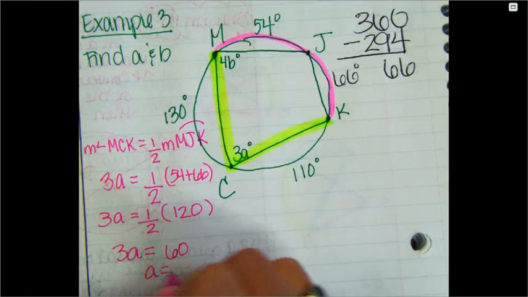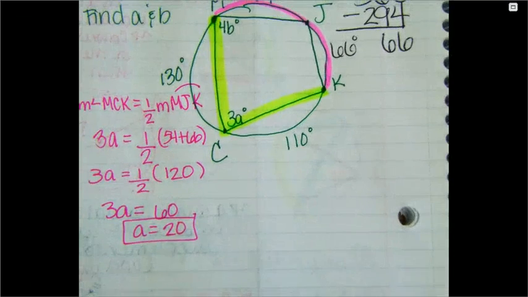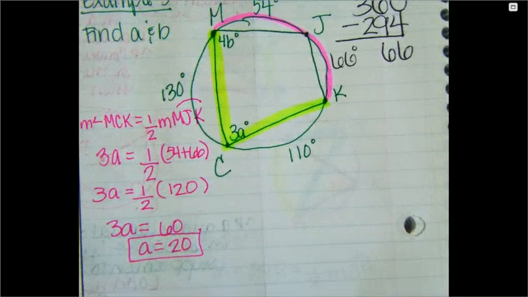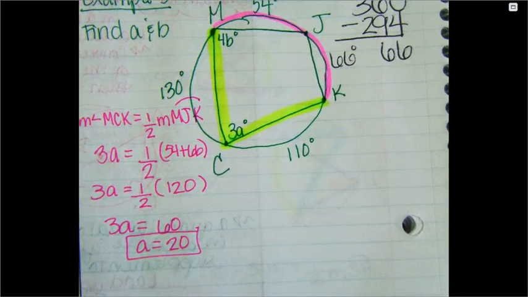And what's A equal? 20. Good. Okay. I found A. Go find B. Highlight with different colors. Otherwise, you might get confused.